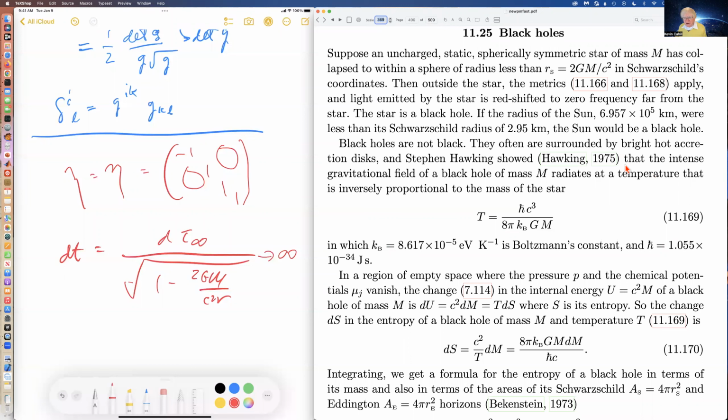And the temperature there is a remarkable combination of physical constants. Not only is it remarkable, but it is surprising, in that you'd expect the temperature would be higher if the black hole were more massive, but it's the opposite. The temperature is inversely proportional to the mass of a black hole. So it's really quite remarkable.